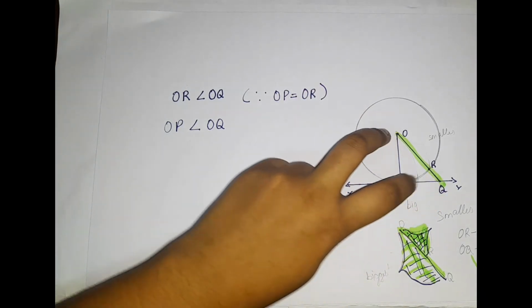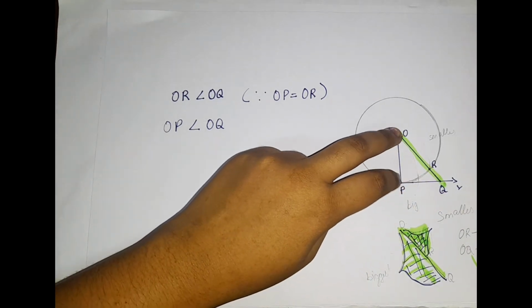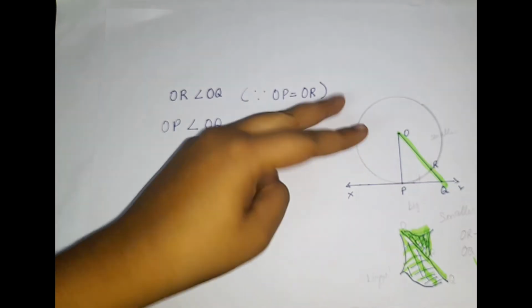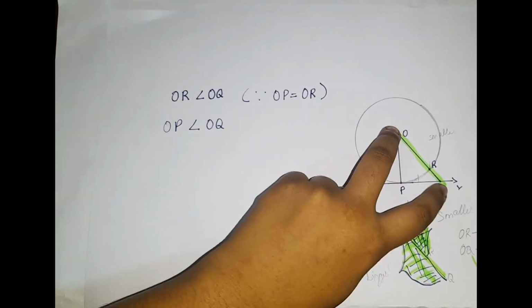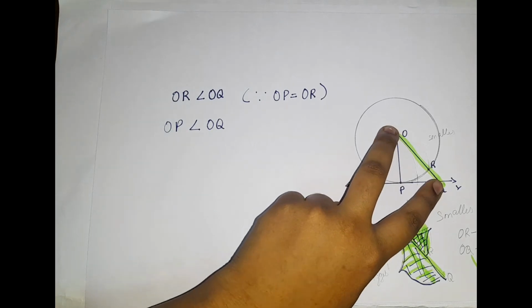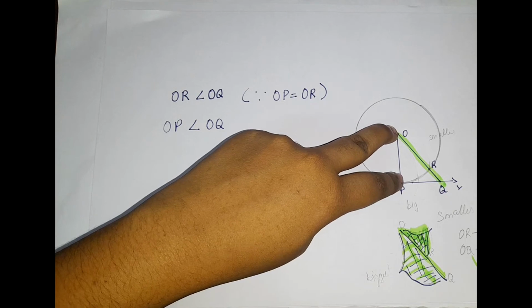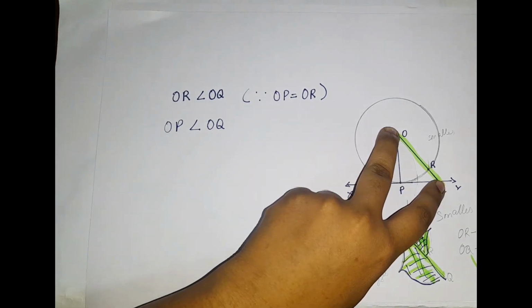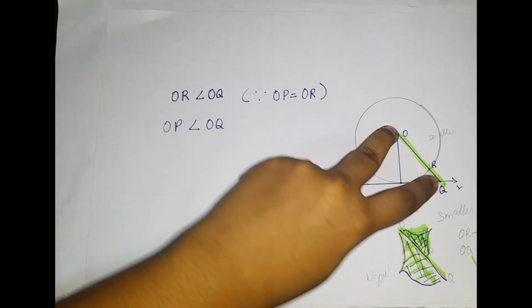OP is so small and OQ is so big. See the line difference. According to these two fingers, this is so small, but when it comes to OQ, the two fingers are stretching out. Here the centimeters are just this much, but when it comes to Q, it is stretching out. That means this is small and this is big.